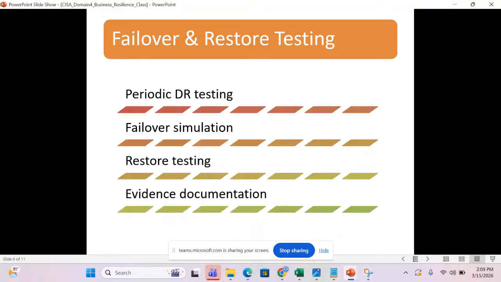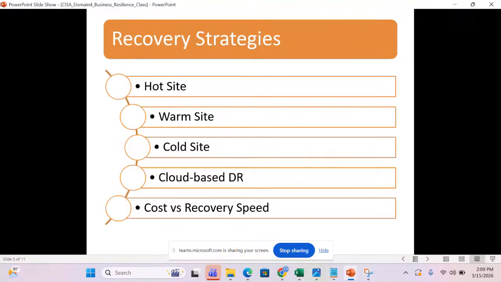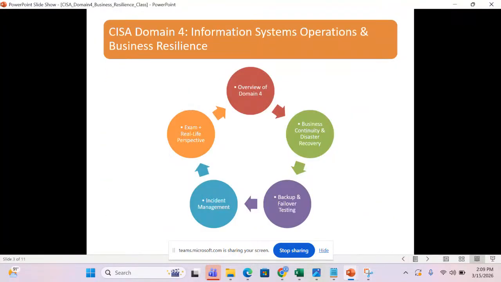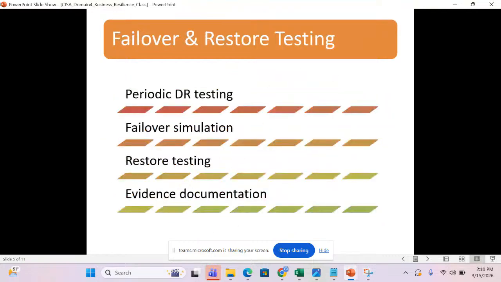BCP just means business continuity plan. So remember in the earlier stage, we said that we have something called business continuity and DR. So business continuity now relates to the business continuity plan.